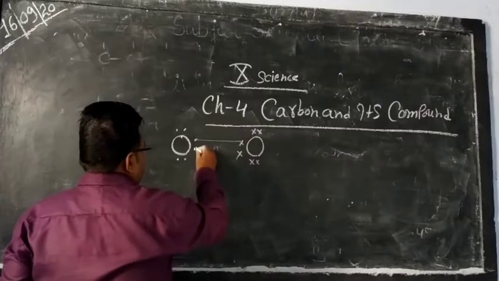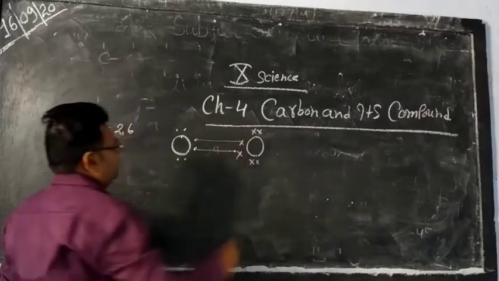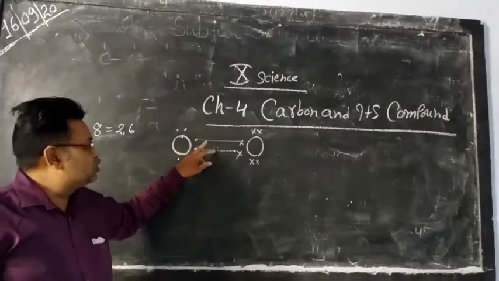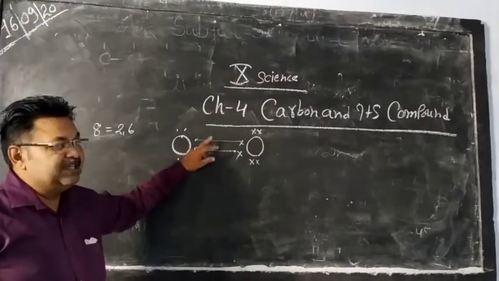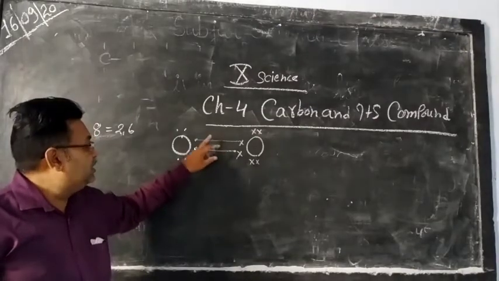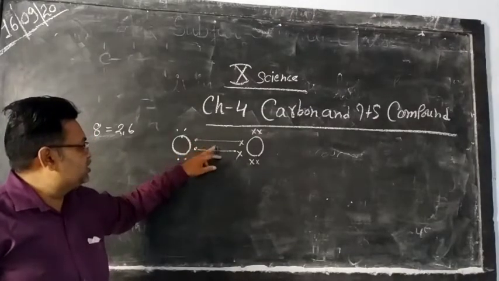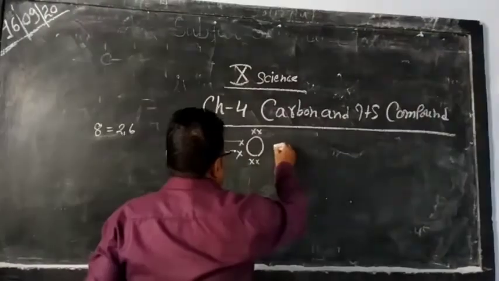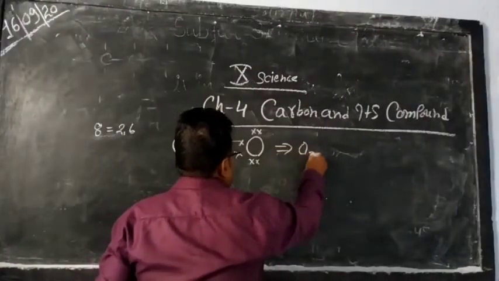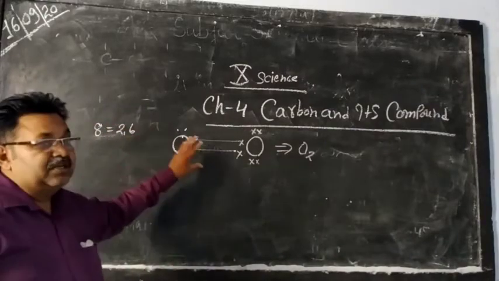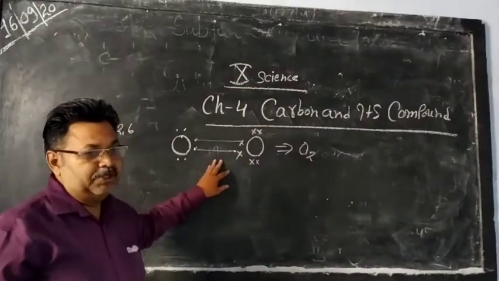They form a covalent bond by the equal sharing of these 2 electrons. So this type of bond is the example of double covalent bond. It is formed by the equal sharing of 2 electrons. So the oxygen molecule is formed, and in the oxygen molecule there is a double covalent bond.